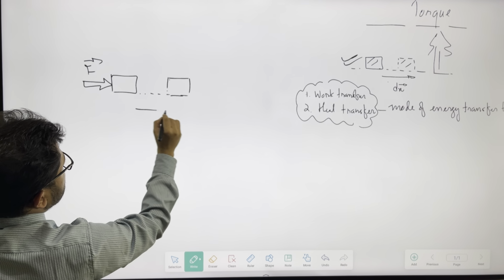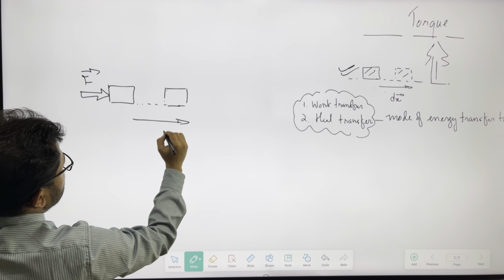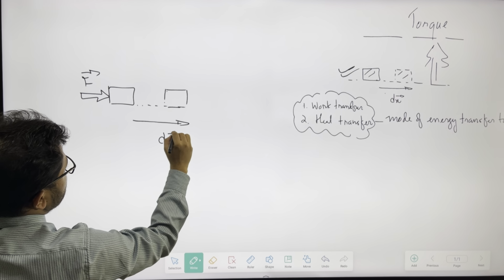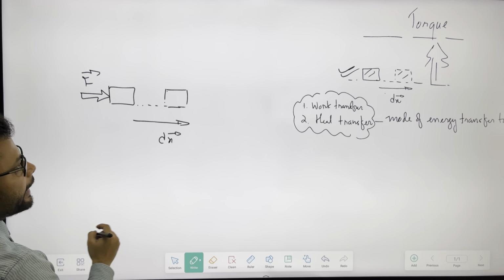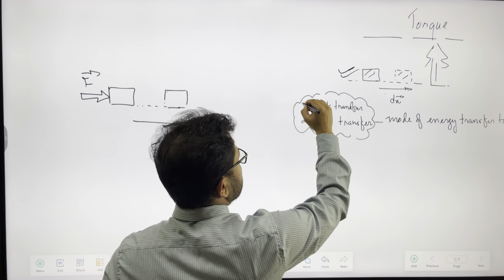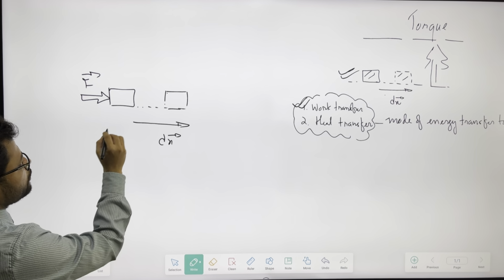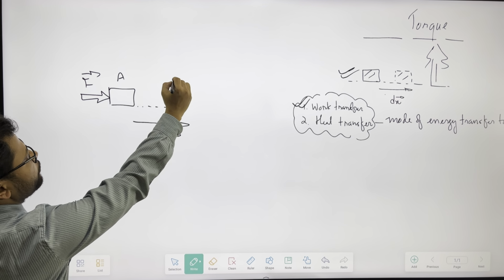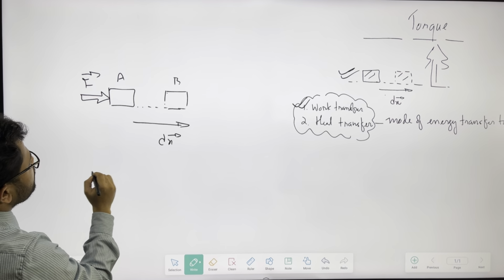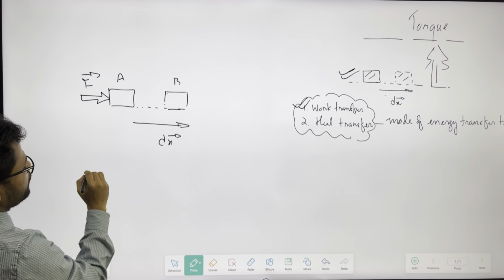This is the amount of displacement of this object. As I said, we are going to use this concept of work transfer. To move this object from position A to position B, what have we done?